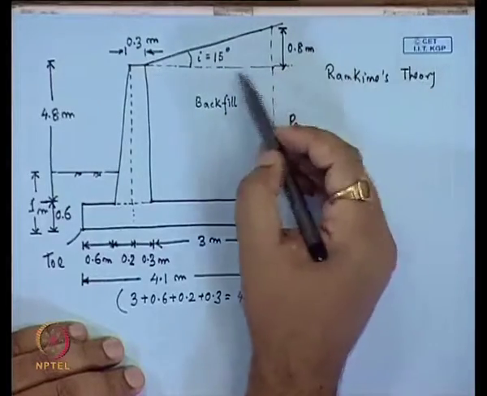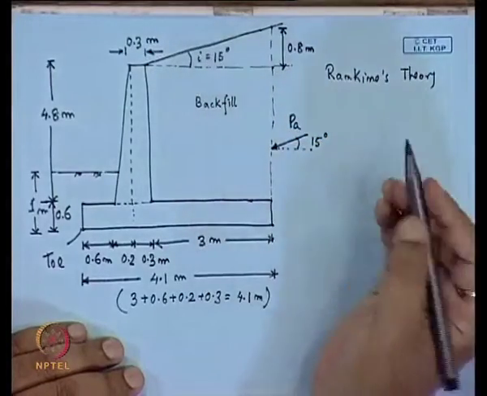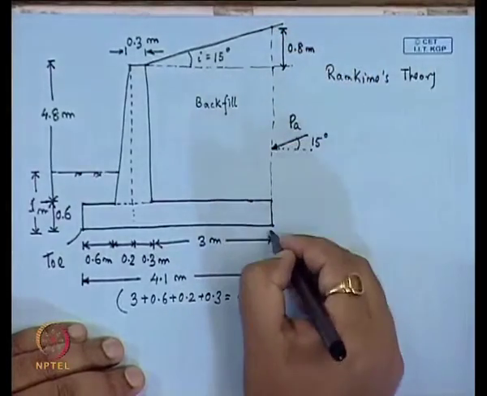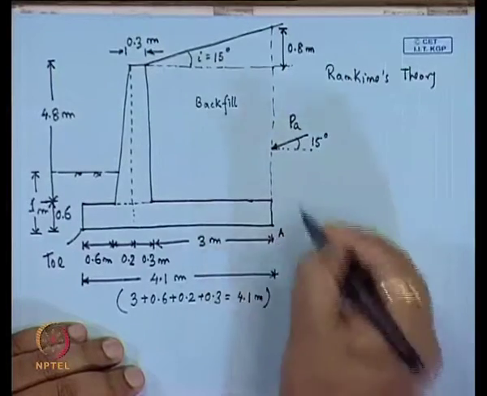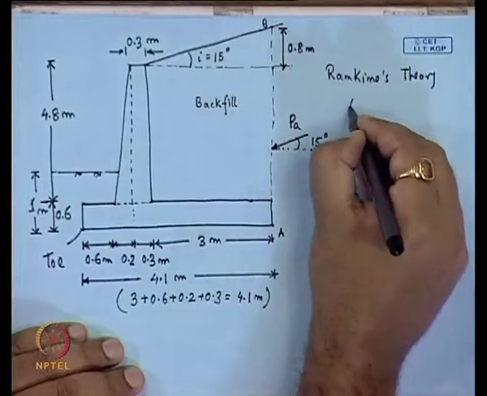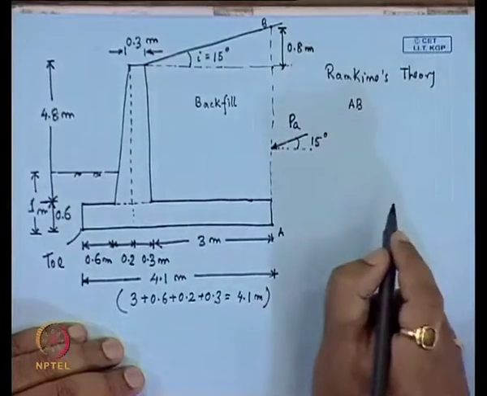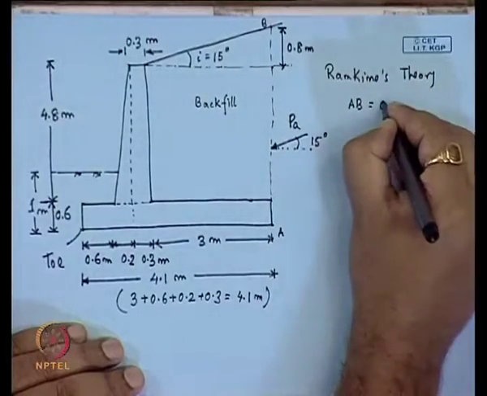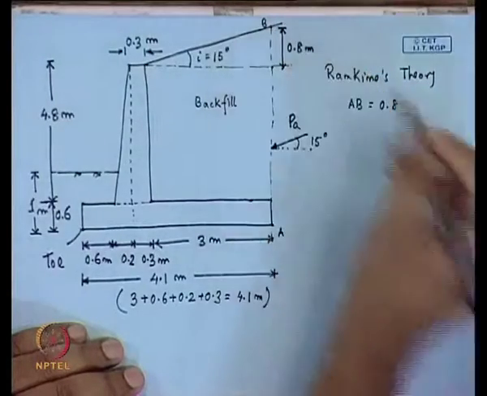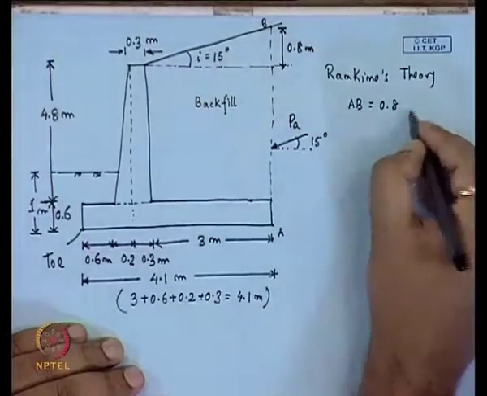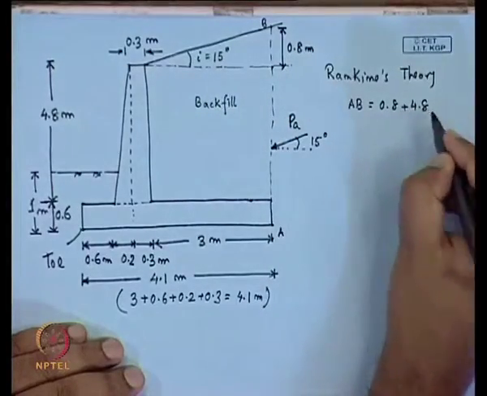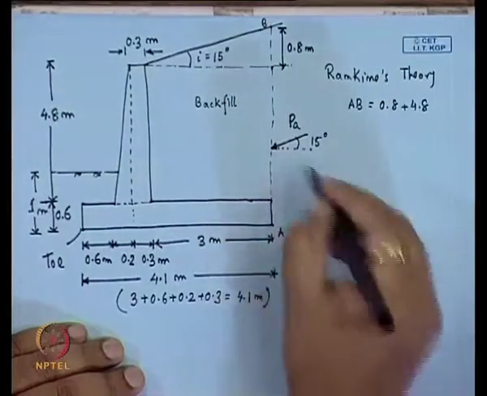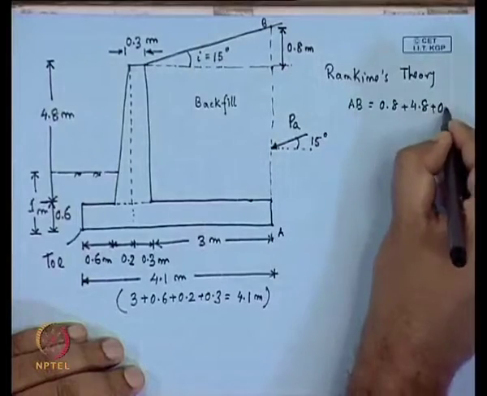Now, the total height of this vertical line, say A to B, distance AB, is 0.8 for this one, then 4.8 from here to here, then an additional 0.6 meter for the thickness of the base slab.